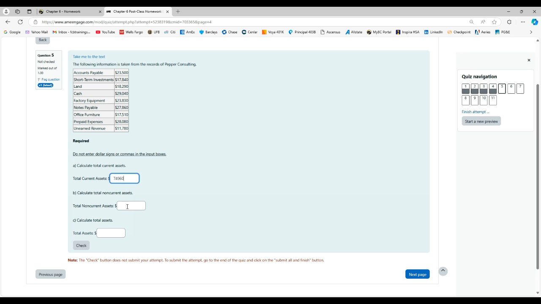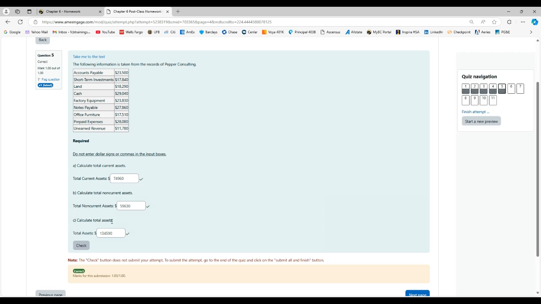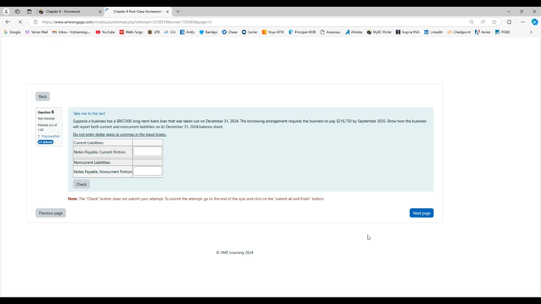Okay, so I'm going to go 74,960, and then the non-current assets, the long-term stuff, is the land, the factory equipment, and the office furniture. We're assuming they're going to last longer than 1 year. Nice. Okay, good. 100%, 1 out of 1. On to the next one.